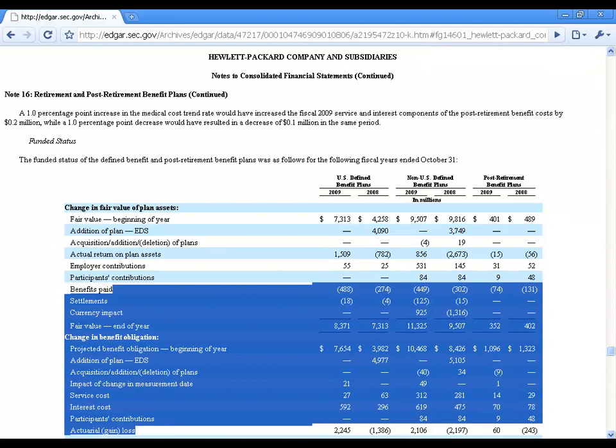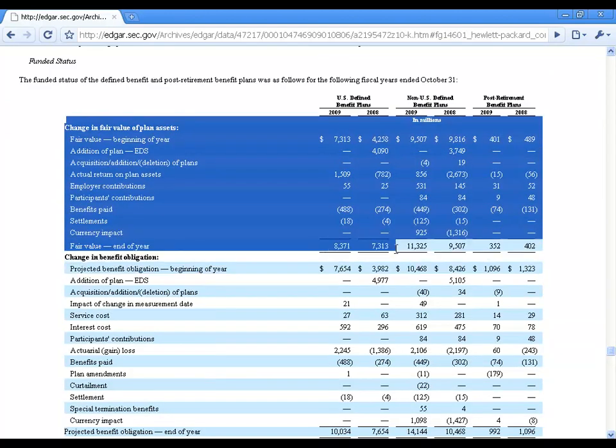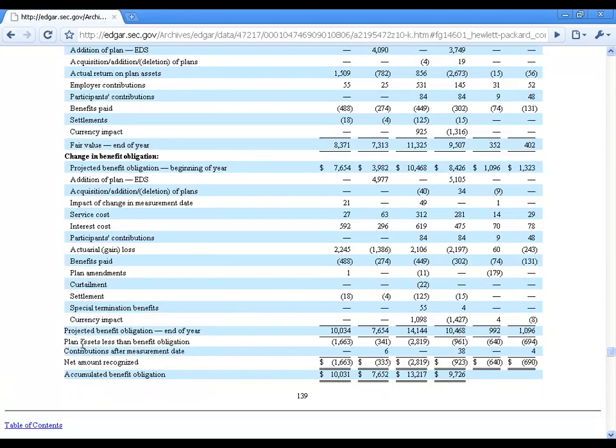So what this is showing us is how much they've actually put in their plan assets right here for these pension plans, and then what their actual obligation is right here. And they actually do the math for us because this plan assets less benefit obligations number, this is exactly what we're looking for here. So we want to make sure that we include the appropriate numbers here.